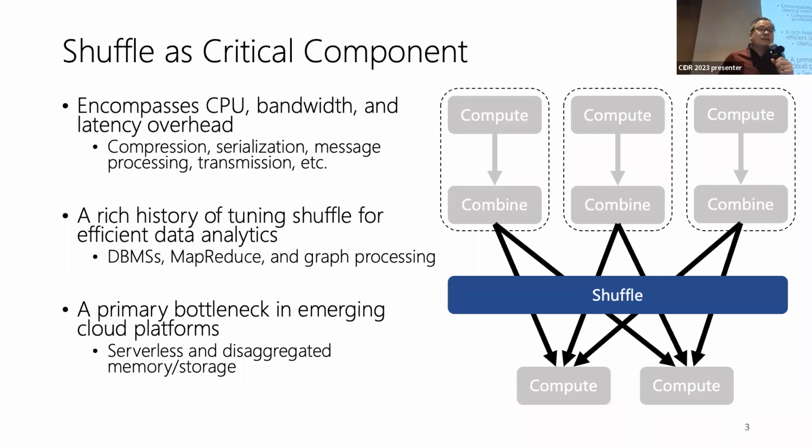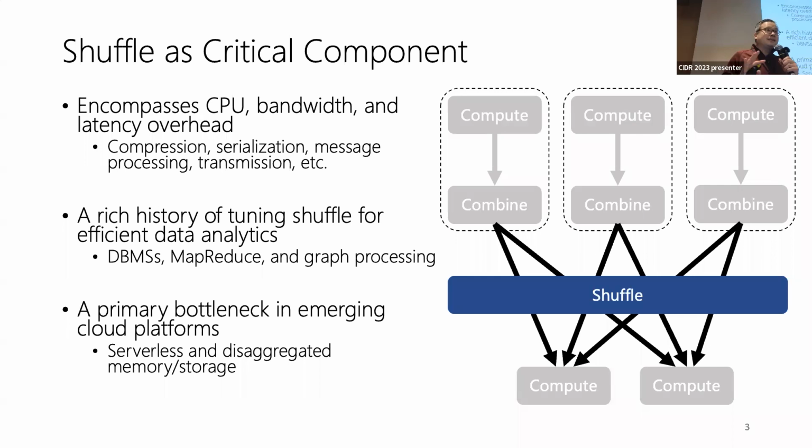And so there are resources required to do compression, serialization, message processing, and transmission. And what we found is that there's really no one-size-fits-all solution, right? If you look at different kinds of workloads, such as DBMS, MapReduce, graph processing, they all involve different trade-offs and different ways of tuning the shuffle performance.